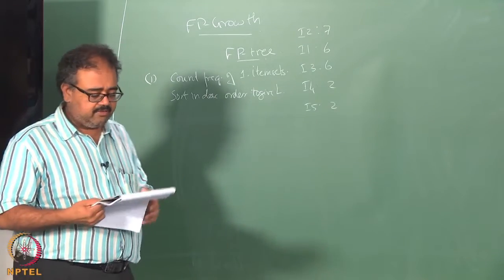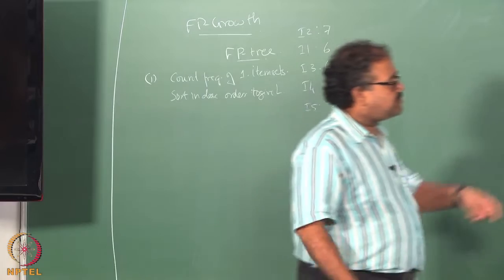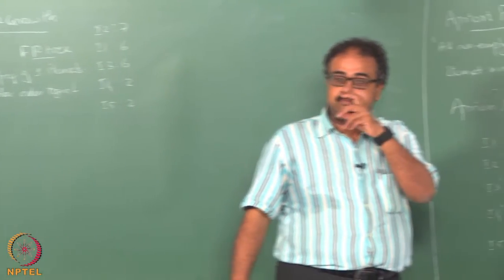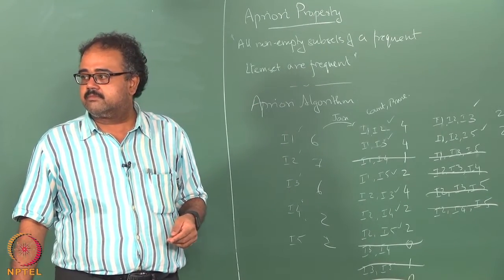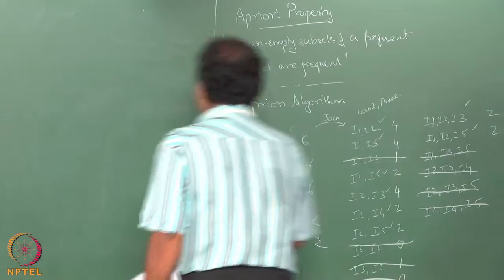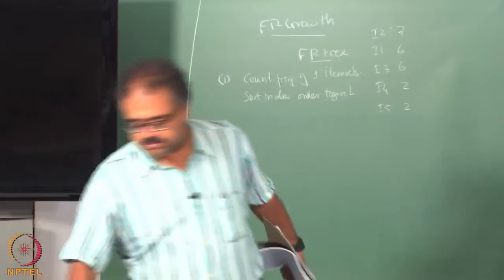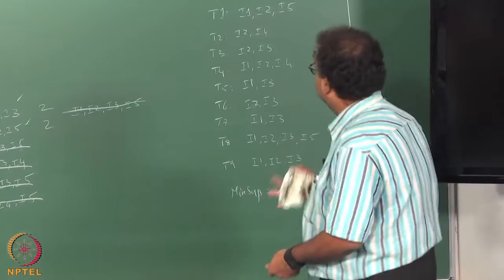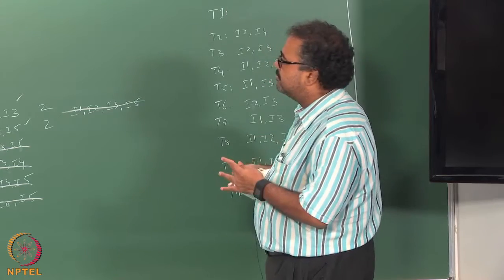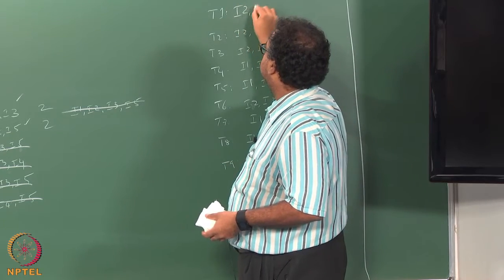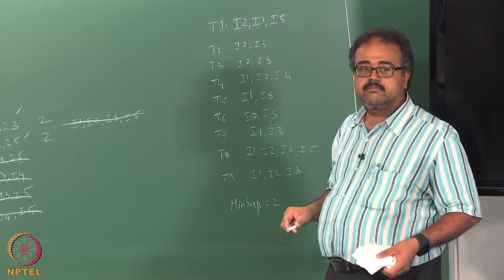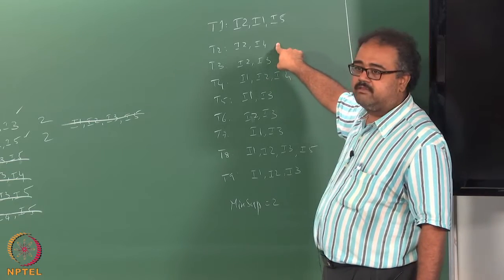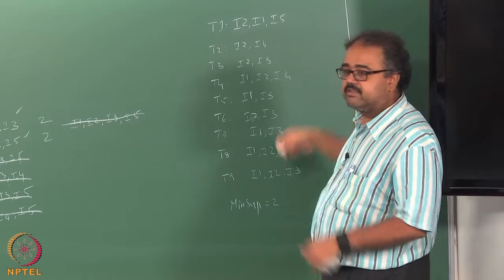Now what I have to do is go into each transaction and reorder the items by L. You guys can help me out here. So that will become this. What about this? Fine. What about this?